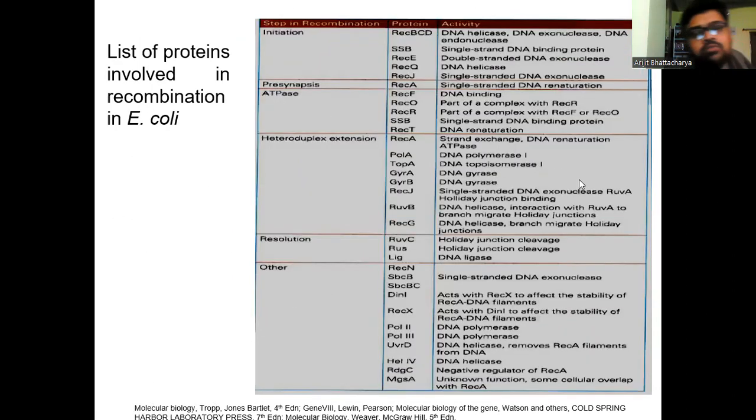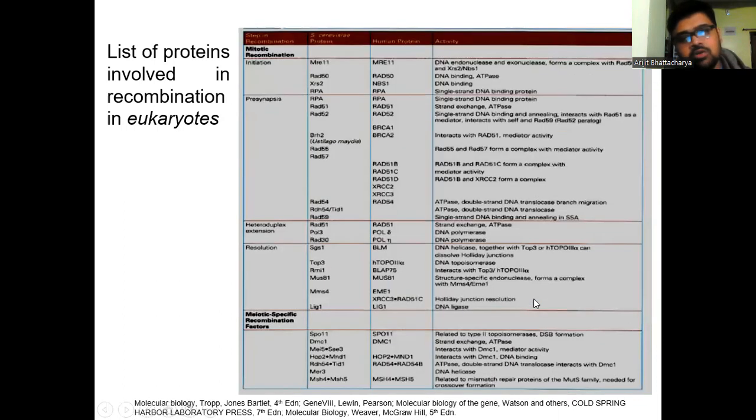Similarly, for most of these proteins, eukaryotic orthologs have been identified. So there are orthologs like MRE11, and then there is RAD50. These proteins are involved in initiation of recombination.